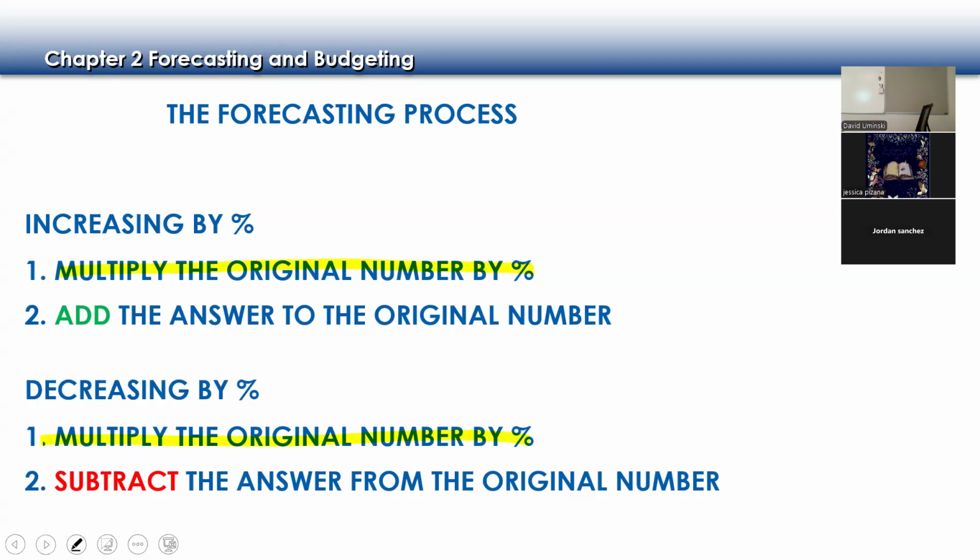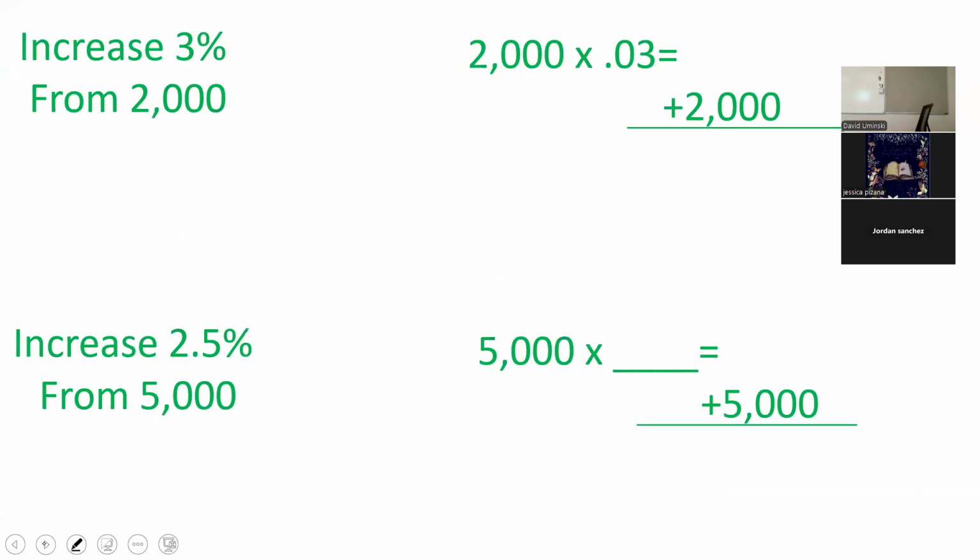The only difference is what we do with that new number. If we're increasing, we're going to add that number to our original number to show how much we grew. If we're decreasing, we're going to subtract that number so we can get our new budgeted number.